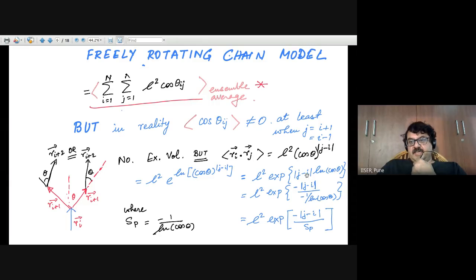And in turn, one can write this as j minus I times ln cos theta, which you write as 1 upon ln cos theta, introducing a minus sign here and a minus sign here. And this in turn can be written as L square exponential minus modulus j minus I over a length, which is intact. I introduced a minus sign. So writing it in exponential allows you to do some algebra in terms of a GP series and AP series and so on and so forth.